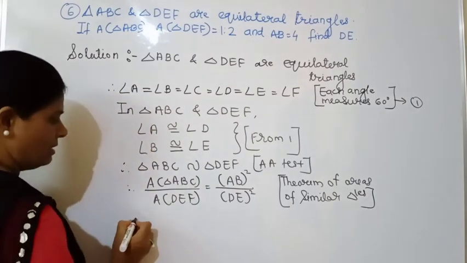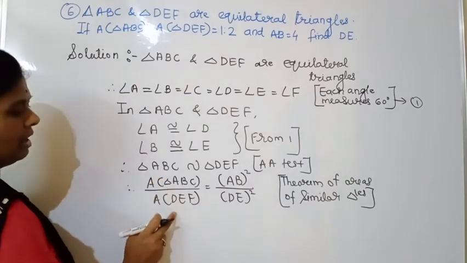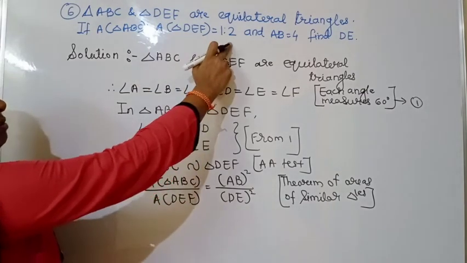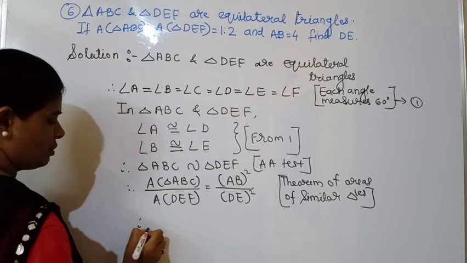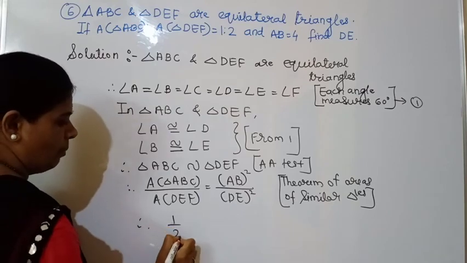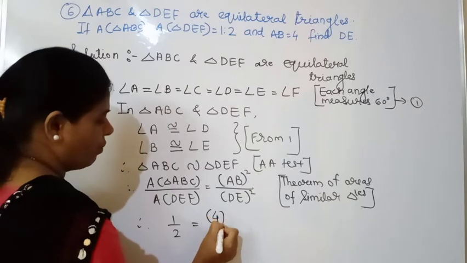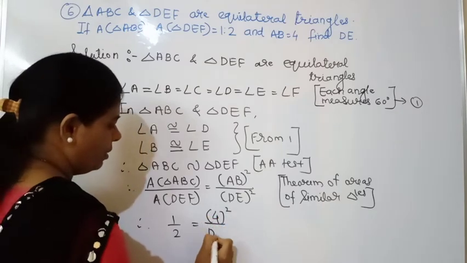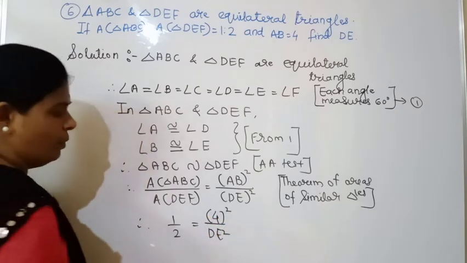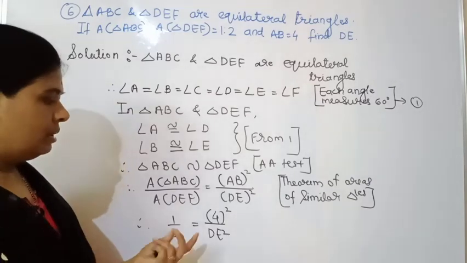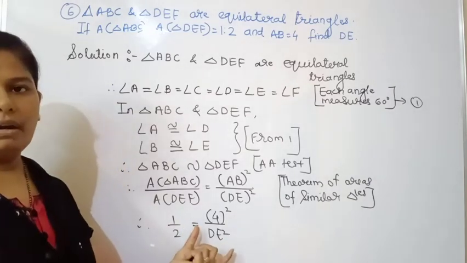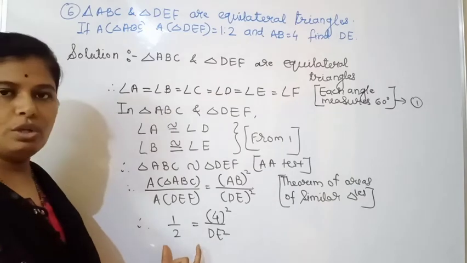As it is given, the ratio of areas of triangle ABC and DEF is 1:2. So we'll substitute the values, that is 1/2 is equal to AB is 4, so 4 square upon DE square. Now as I told you, here we can remove the square and take the square root.